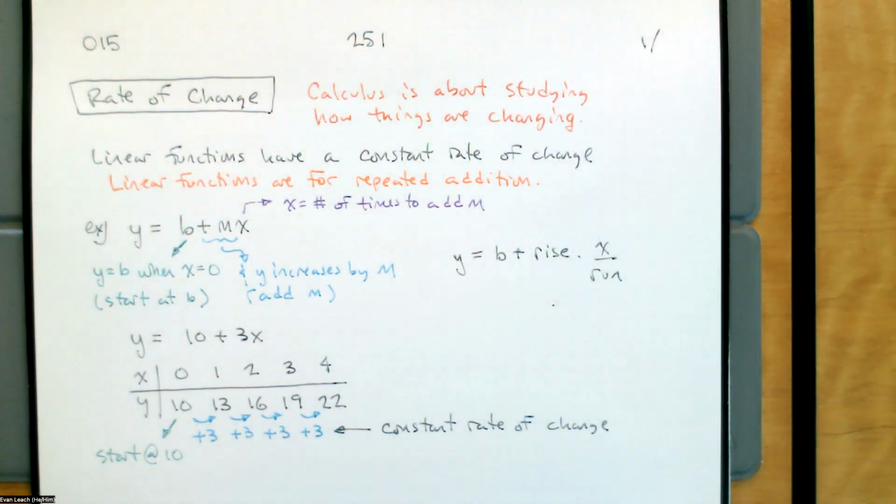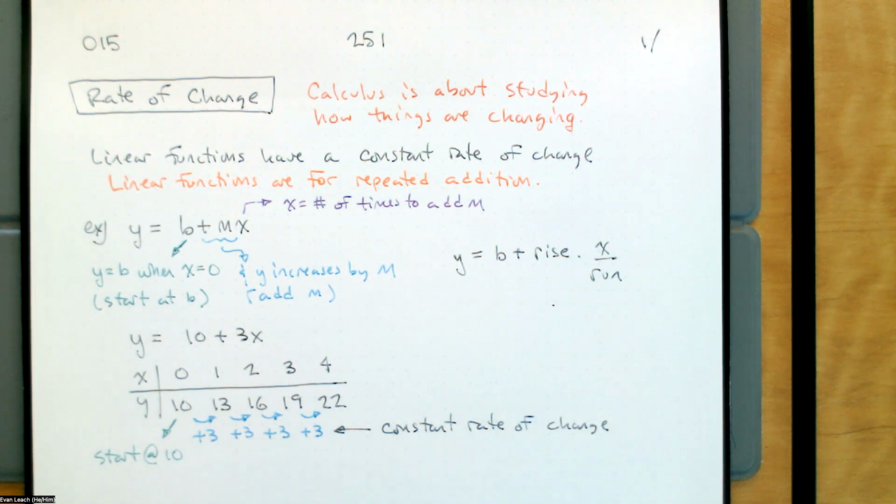If you split the run over under the x, now we add the rise every run units. Start with b, add the rise every run units.